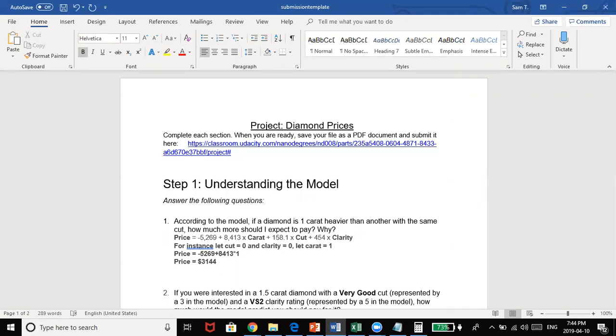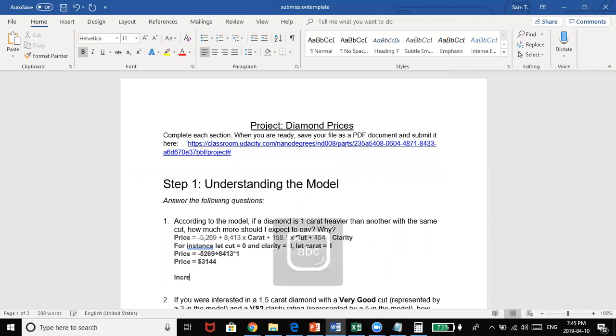Now, they say if the diamond is 1 carat heavier, so if we increase the weight by 1, so remember the weight previously was equal to 1. If we're increasing it by 1, that means the weight would be equal to 2.